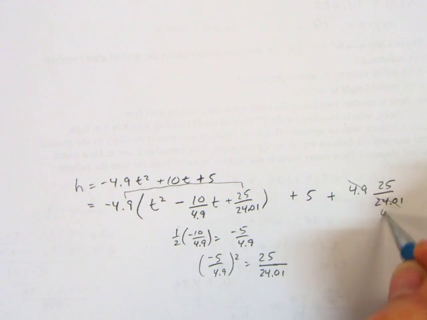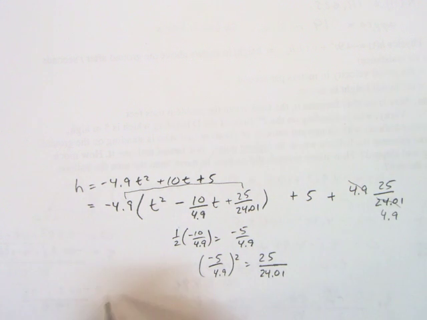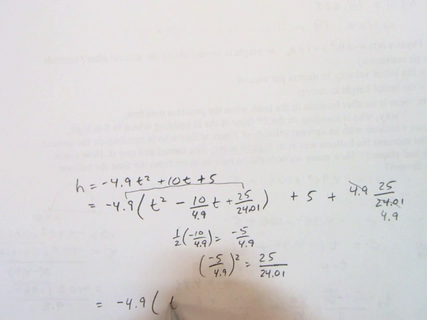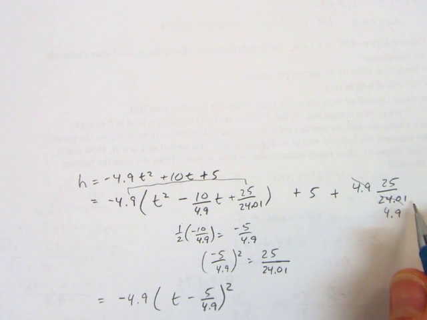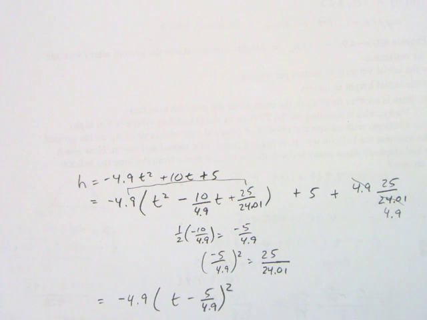So when that reduces, it will have 4.9. So we get negative 4.9 times t minus 5 over 4.9 squared. And then we have to get a common denominator for that, so we'll need 5 times 4.9, and then add that to the 25.